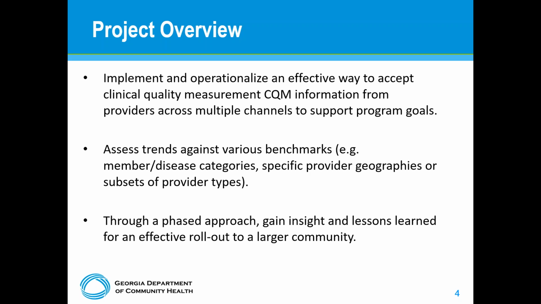And so we hope to do that by assessing trends against various benchmarks. Those could be disease categories, provider geographies, or comparison of provider types. And the whole approach is a phased approach where we hope to gain insight and lessons learned that will then influence us when we roll out to a larger community.